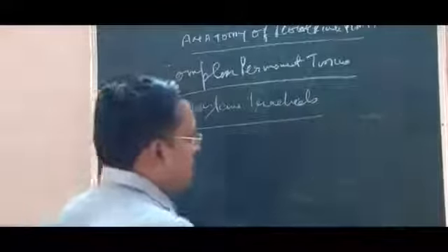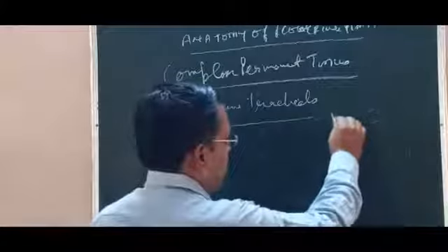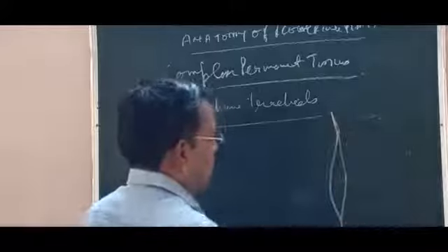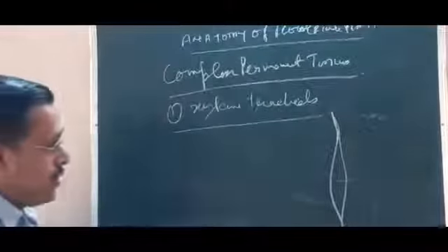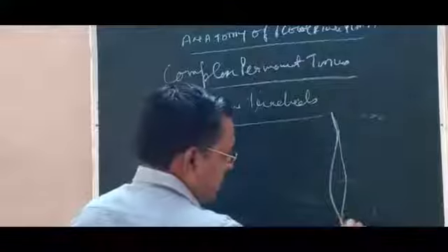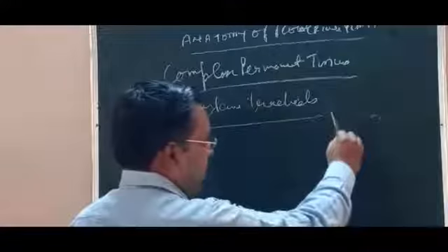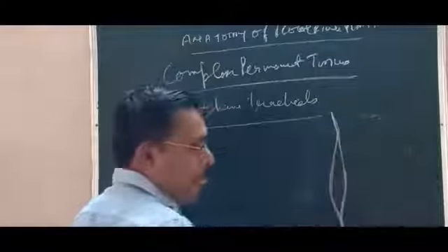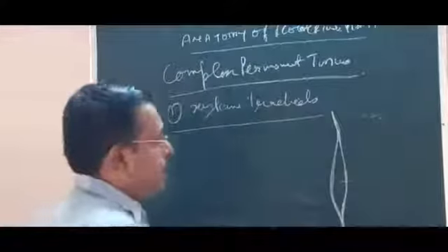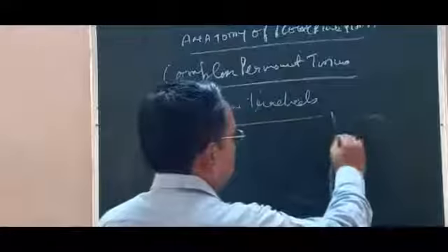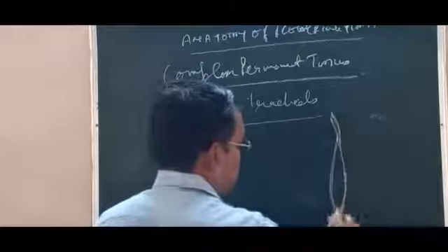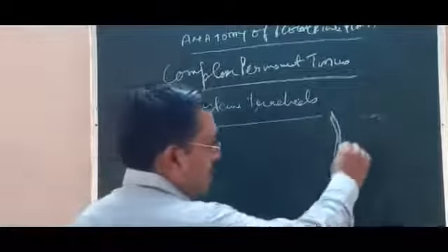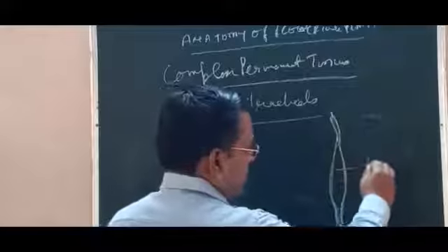Xylem tracheids are cells having tapering ends and lignified walls. They are dead cells, as the protoplasm is absent.